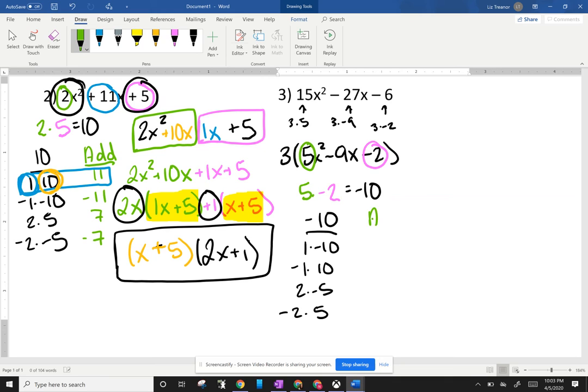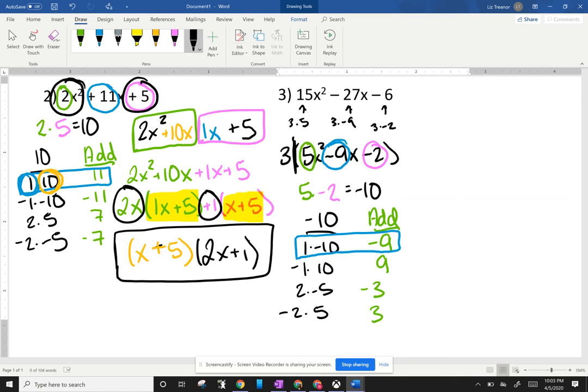We're going to add those together, and we're going to get 1 plus -10, we're going to get -9, +9, -3, and +3. In this case, we're looking for -9, so the first set of factor pairs is what we're looking for.